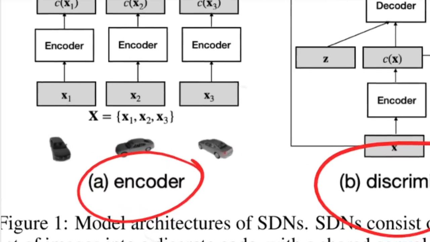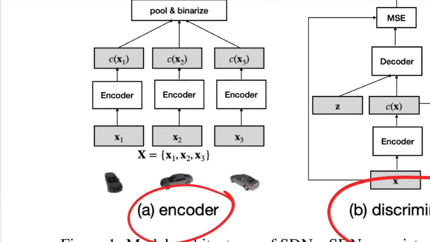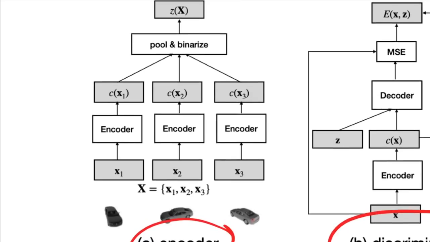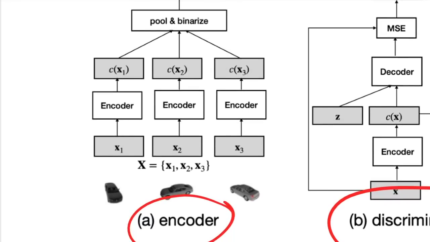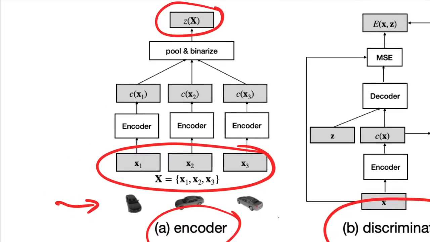So what does the encoder do? And remember, the way we train it is going to be by reconstruction, at least one way we train it. So the encoder is going to take this set of images that we give it, for example here, different views of this car, and is going to produce this representation, this set representation.